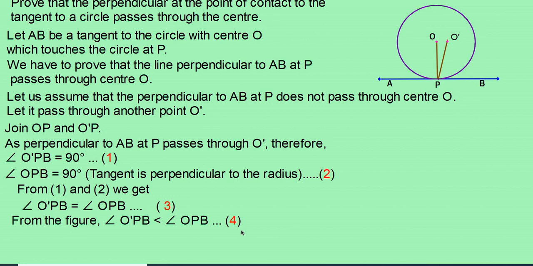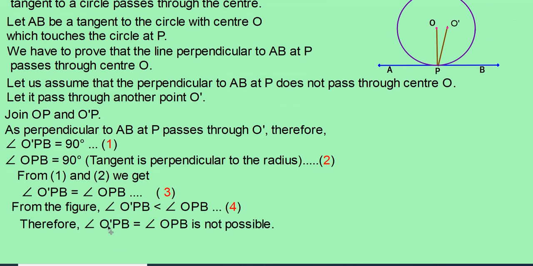Let it be equation 4. Now, is angle O dash PB possible to be equal to angle OPB? It is not. So angle O dash PB equal to angle OPB, that is equation number 3, is not possible.